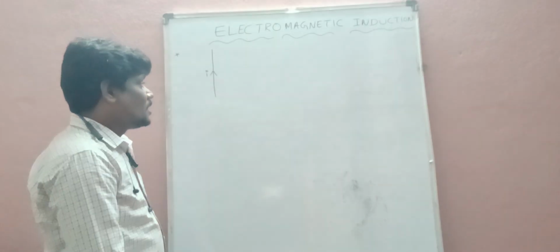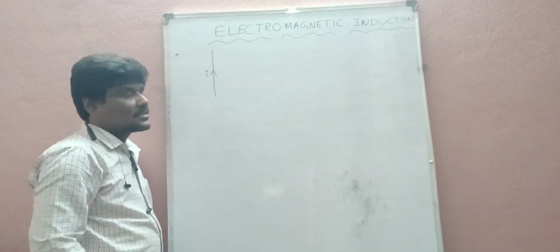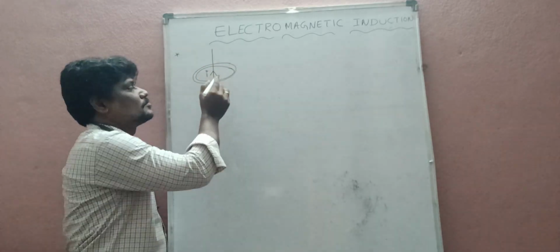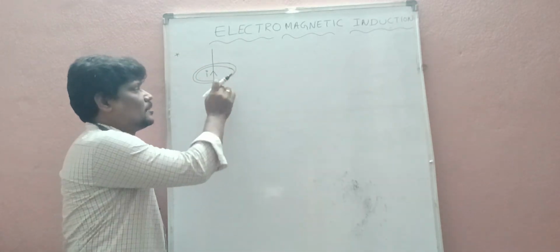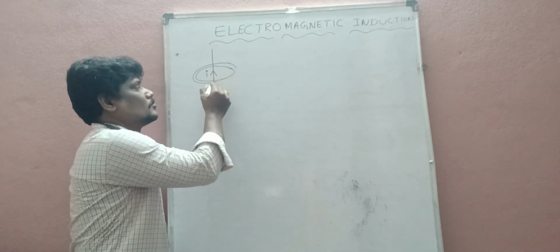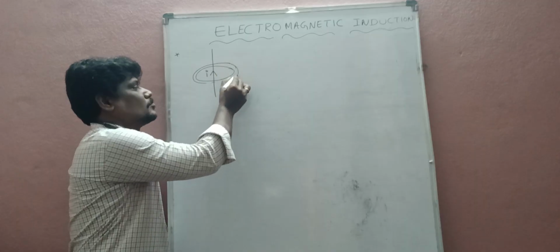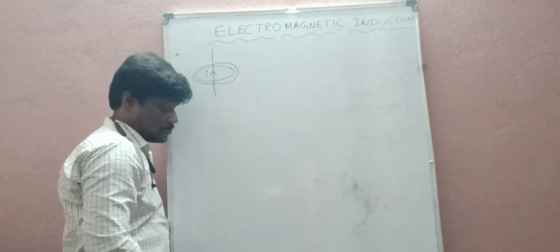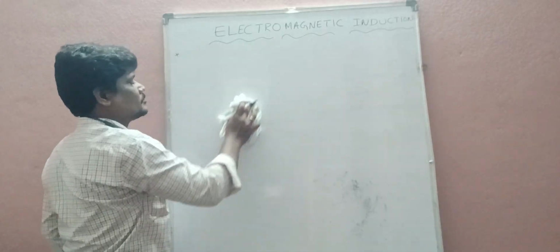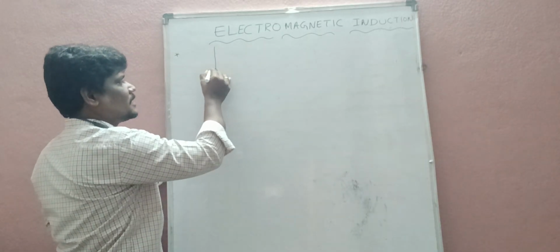Here, the magnetic field lines are concentric circles. It is the current carrying conductor.